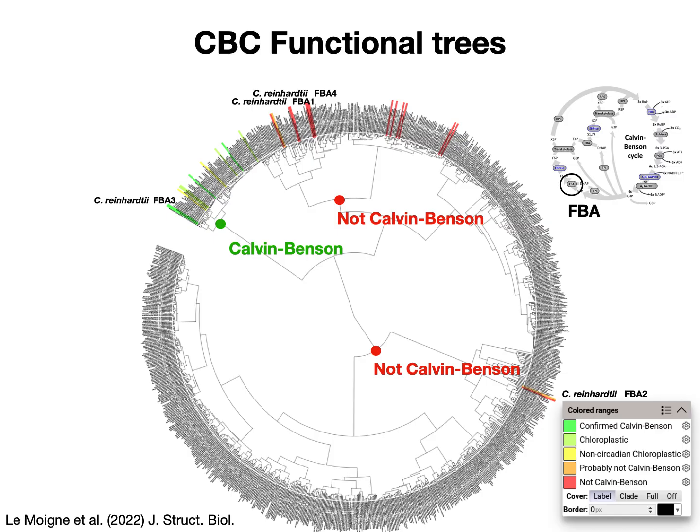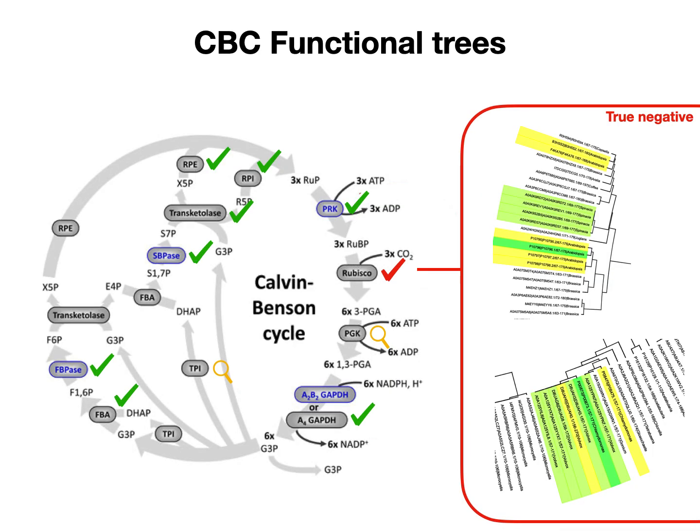This is the result of ProfileView analysis on the fructose 1,6-bisphosphate aldolase, FBA, where we can clearly see the Calvin-Benson paralogs being clustered in a different subtree with respect to the non-Calvin-Benson ones. We obtain comparable results for 8 out of 11 proteins.